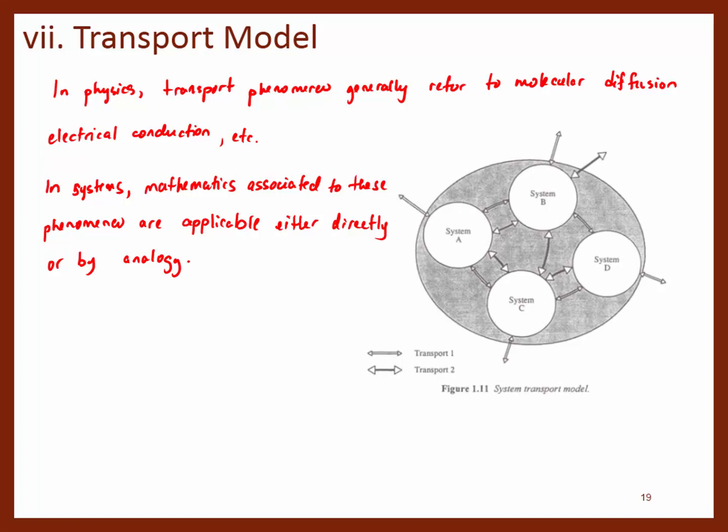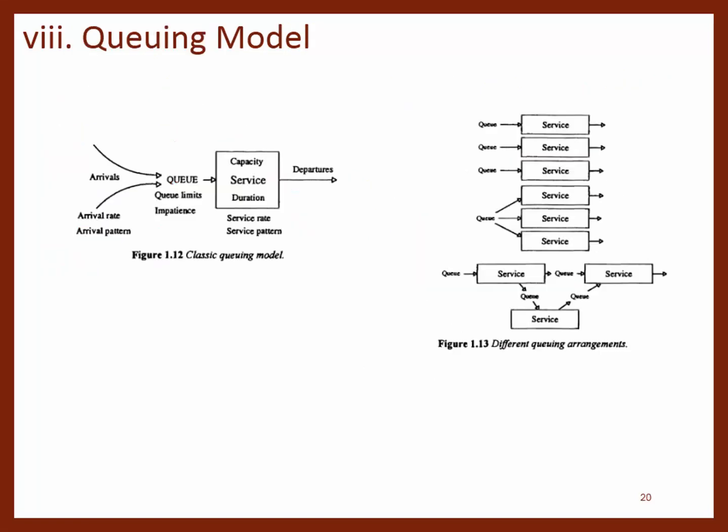So here's the idea: you have multiple systems, you have some transport 1 happening between these two, and transport 2 happening between them as well, represented differently, and you have some interaction also on the outside. And the idea, again, is how can you use these models from physics or other sciences and apply them to your systems? And then finally, you're familiar with queuing.